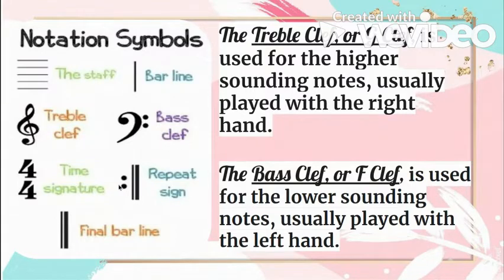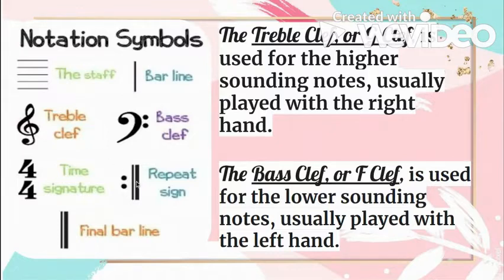And of course, class, we also have different examples of time signature. What are those? 2/4, 3/4, and this one is an example of time signature, 4/4. And if you can see this one in the musical staff, this vertical line with 2 lines and 2 dots at the left side, we call it a repeat sign.